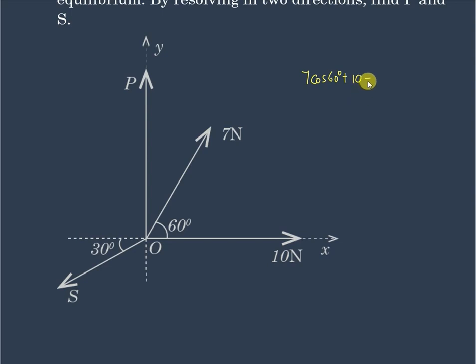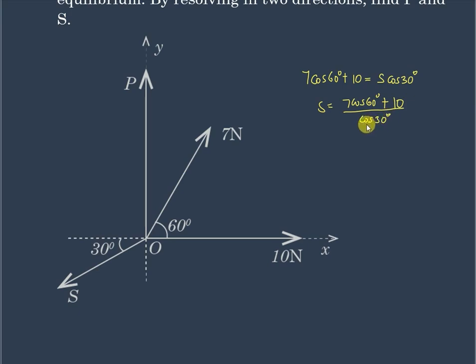It should be counterbalanced with S times cosine of 30 degrees, implying that S is equal to 7 cosine of 60 degrees plus 10, divided by cosine of 30 degrees.